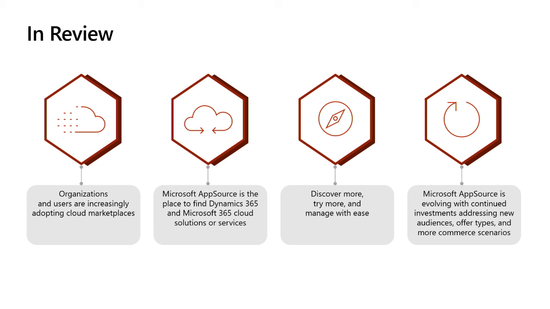So this is a great opportunity to simplify deployment, to simplify procurement, and to self-deploy these apps using AppSource. Great way to trial these apps, either through a free trial or a test drive. And as you can see, we are constantly evolving AppSource by adding new features and functionality. We added Power Apps recently, and this is something that we're evolving in terms of the product and the integration with Dynamics and Office 365.